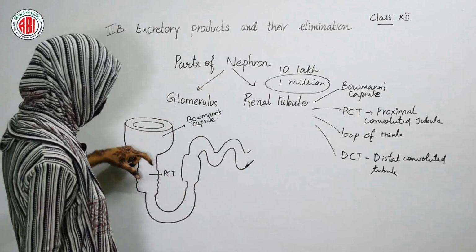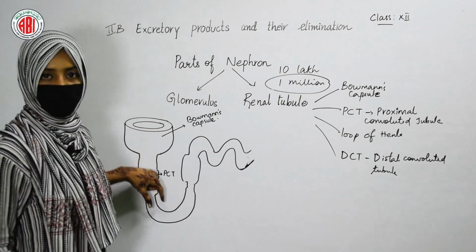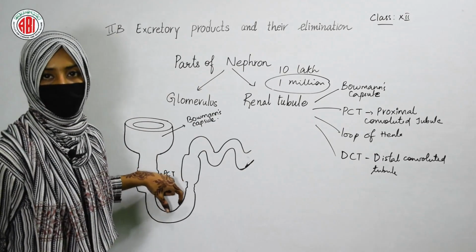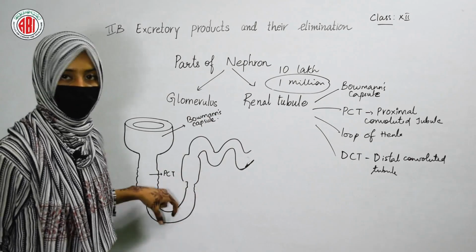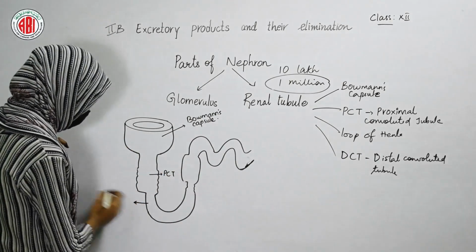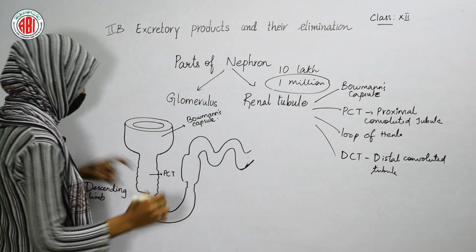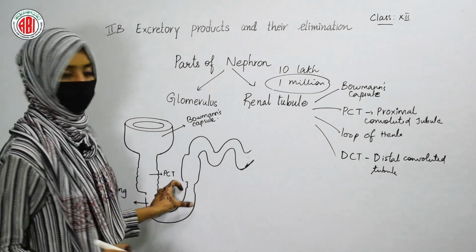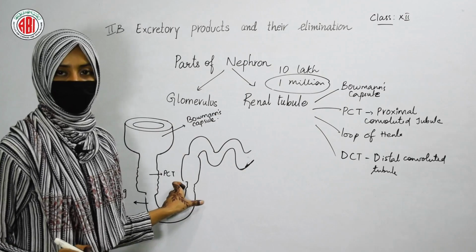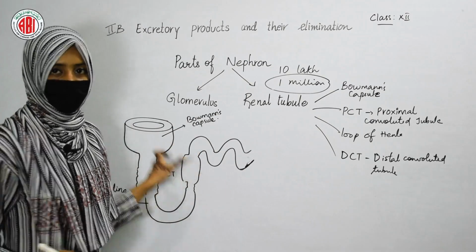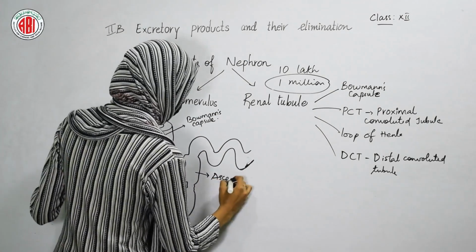This proximal convoluted tubule extends, and it shows a loop which is U-shaped. Here this part of the loop is called the descending limb of the loop of Henle, and the U-shaped loop of Henle can be seen extending forward. It also shows a part called the ascending limb.